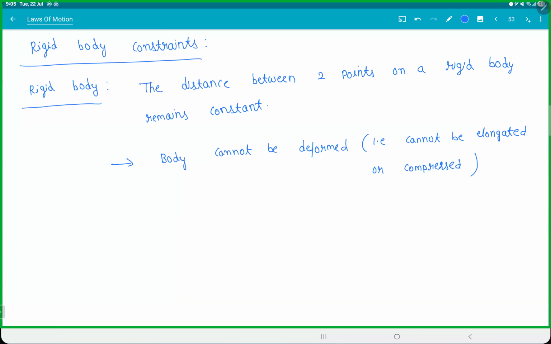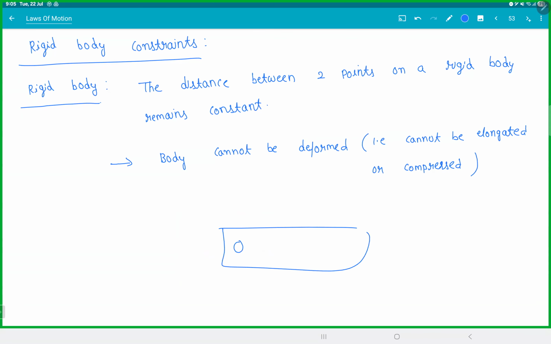If you push this molecule, because the distance has to be constant, at the same time all the molecules will move the same distance. That means you can transmit information faster than the speed of light. So it doesn't work. These things don't exist in nature. But again, we will assume most of the time that bodies are rigid. So these are hypothetical, they don't exist.